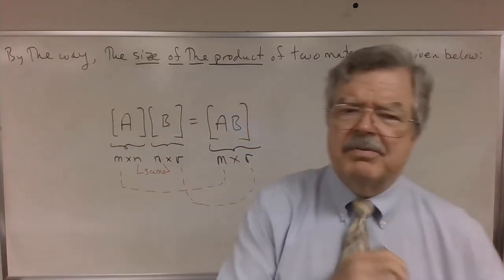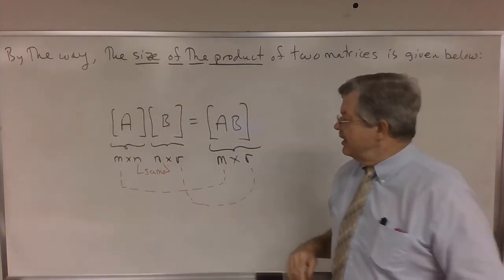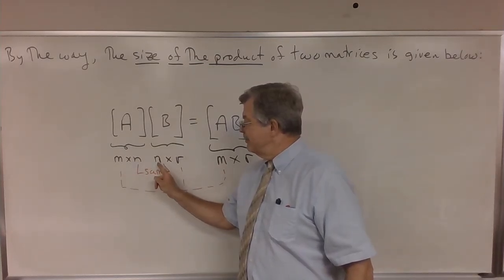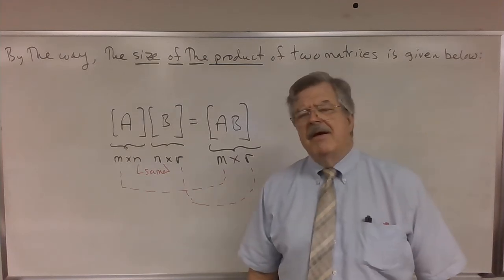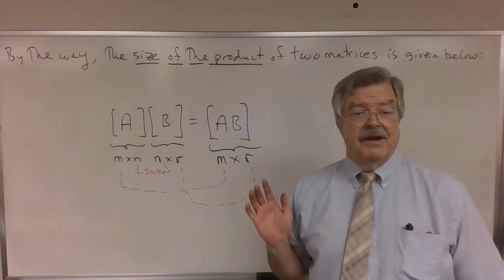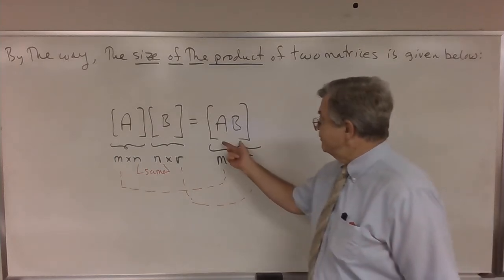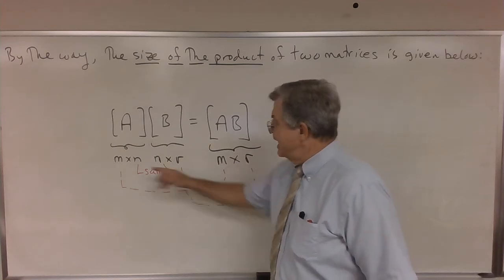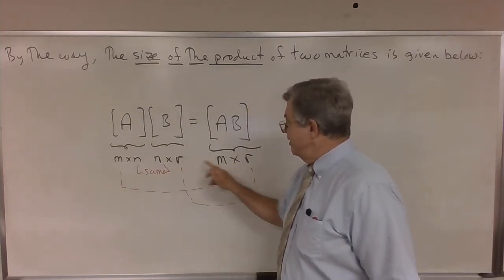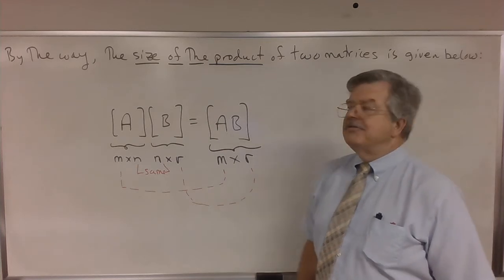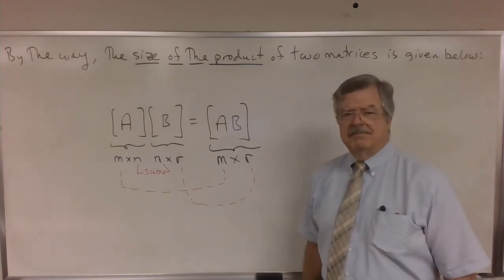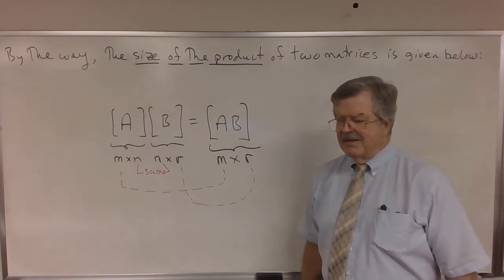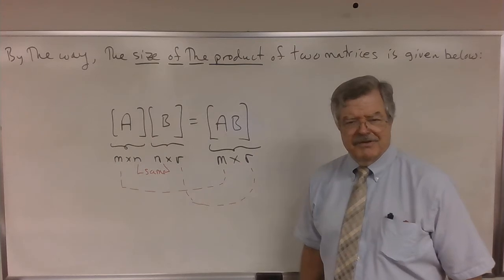So before we multiply two matrices together, we should check to make sure that the number of columns of the first and the number of rows of the second are equal. And then we should also remind ourselves of the size of the product of the matrix that we expect to get. We expect to get a matrix that has m rows and r columns. So, that having been said, I will explain how to multiply two matrices together.